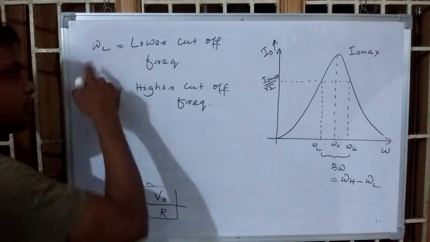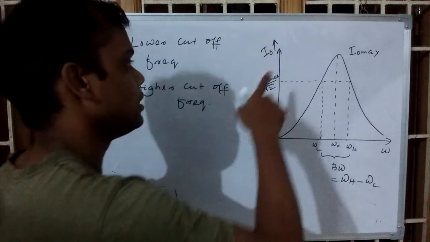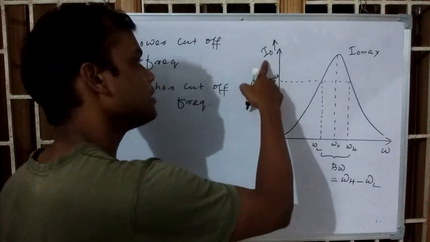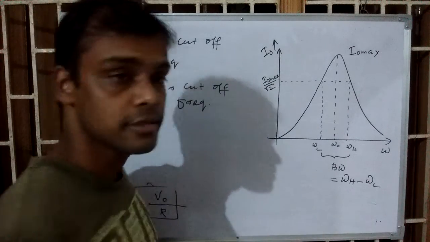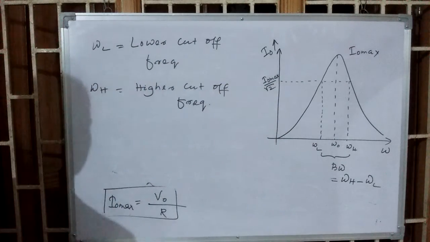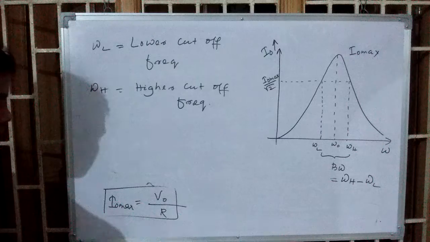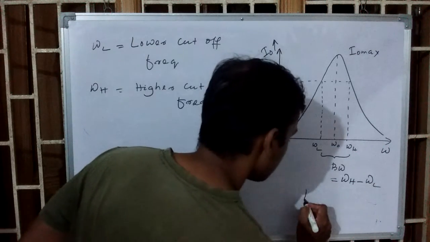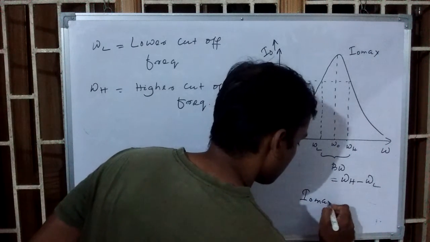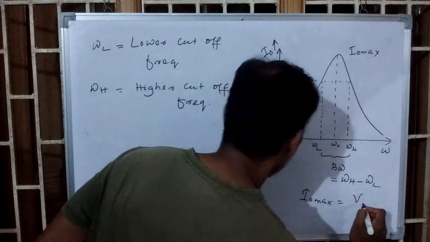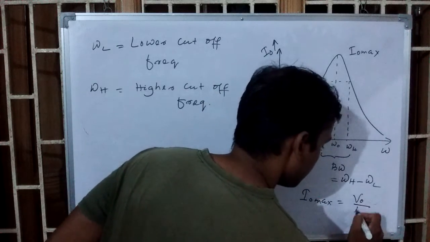These are the frequencies at which I naught attains the value I naught max by root 2. Now this is the relation we need in our derivation: I naught max is equal to V naught by R.